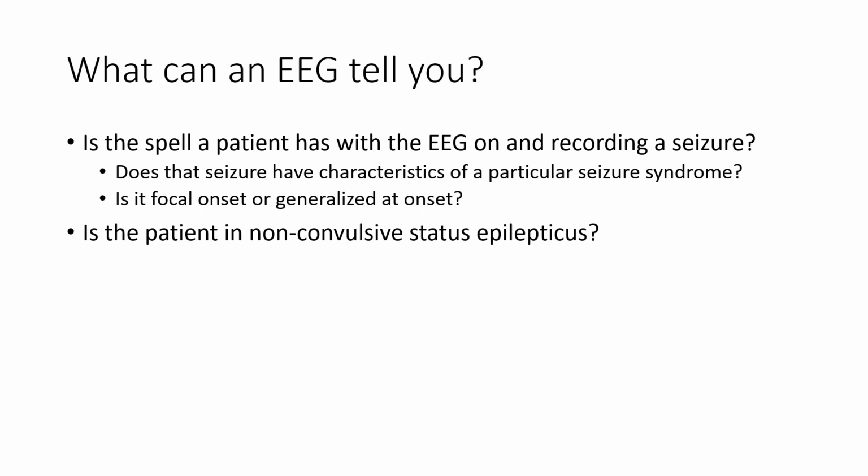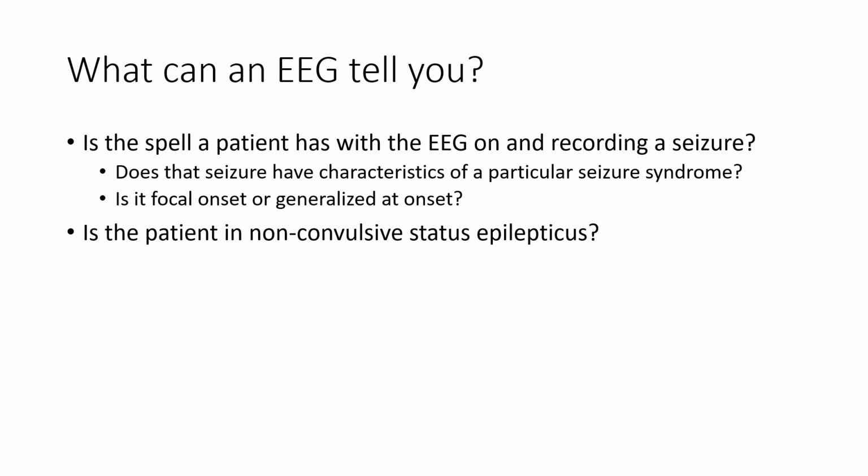Another thing that an EEG can answer for us is whether the patient is in non-convulsive status epilepticus. Remember that some patients will come in in clinical status epilepticus, we treat them, we give them diazepam, their seizures appear to stop, and then maybe 6 hours later they're still not waking up. The question for us at that time is, are they lethargic or obtunded because of the medications we gave to treat status?